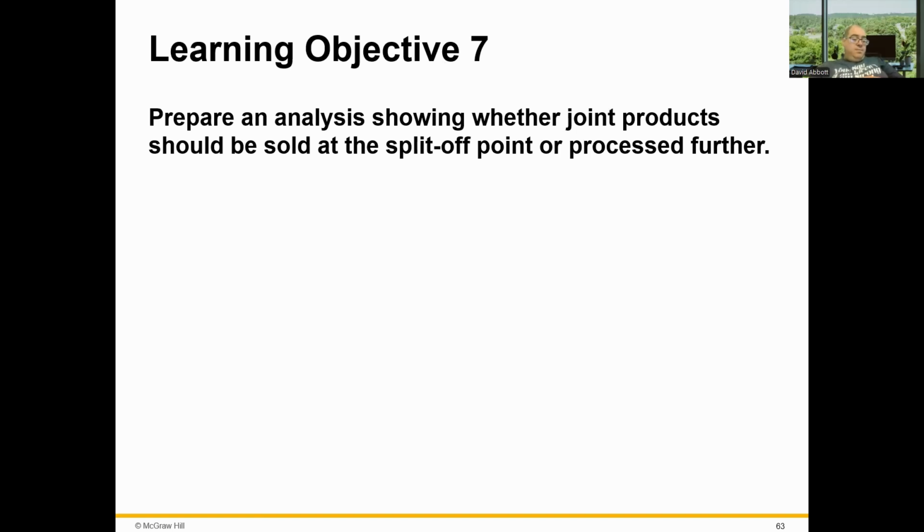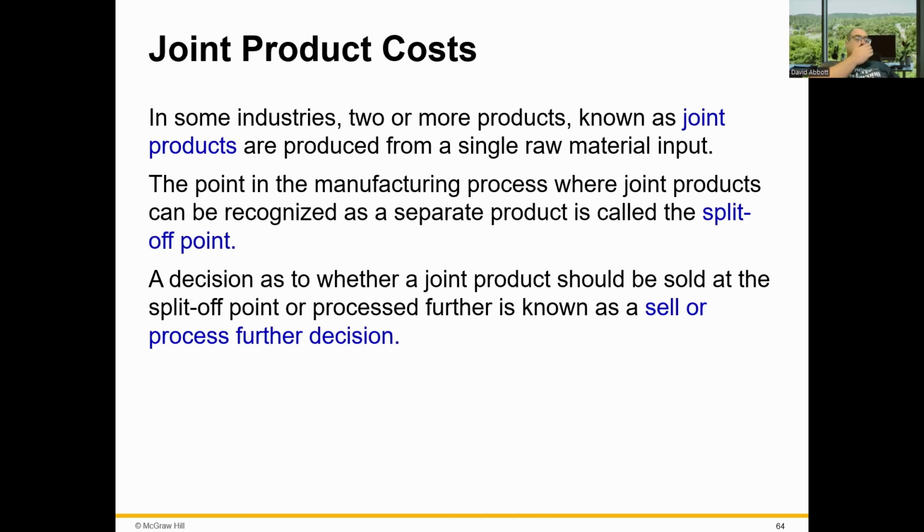Okay. So joint product costs and sell or process further decisions. All right, some key terms and concepts. In some industries, a number of end products are produced from a single raw material input.